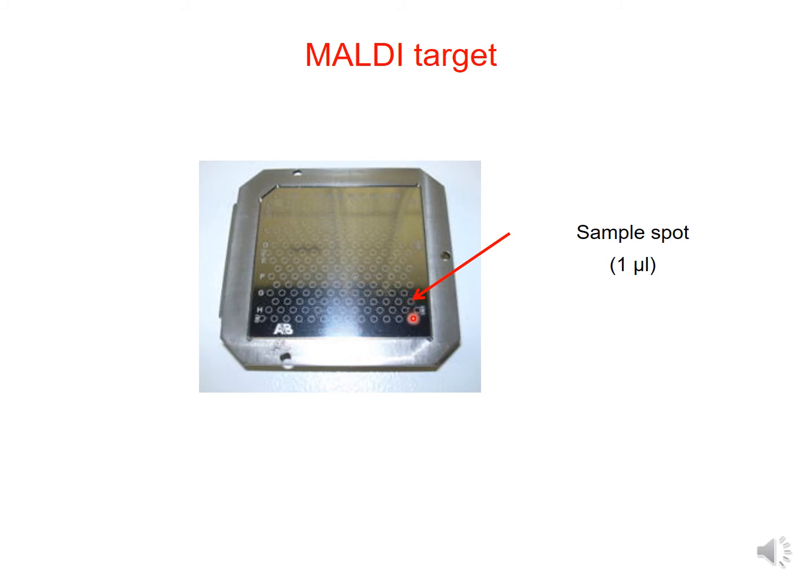Here you have different places to perform your spot, 1, 2, 3, 4, 5. It is possible to have any number of positions where you can spot your compound. And to spot the compound, you perform a deposit of around 1 microliter.